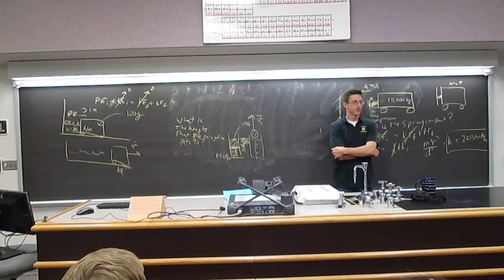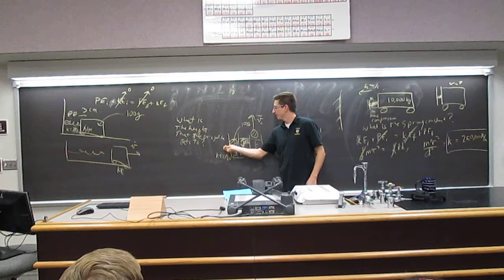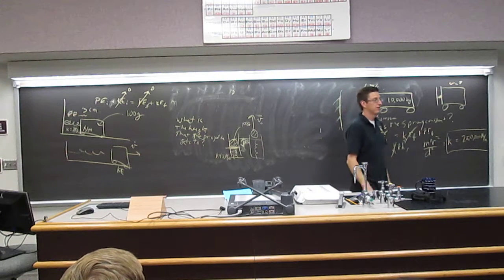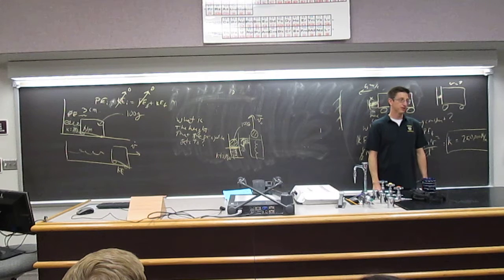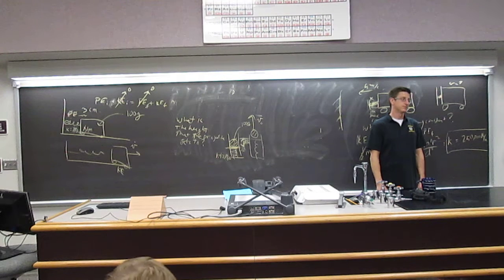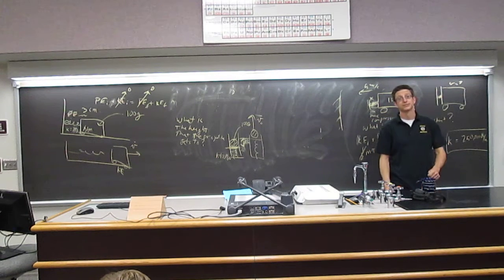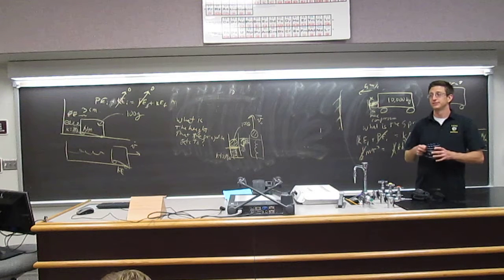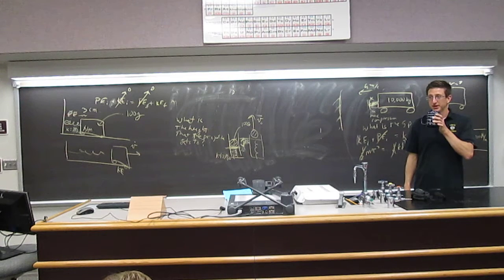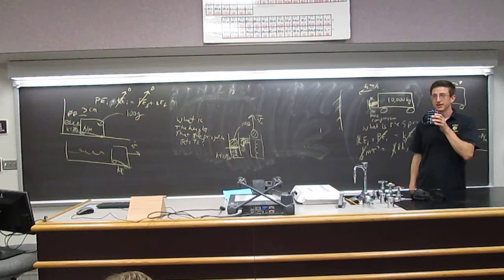I would take this place as the initial position. So the height above where it started. Think about this problem a little bit, and I'll give you a minute to see if you can get the answer, okay?